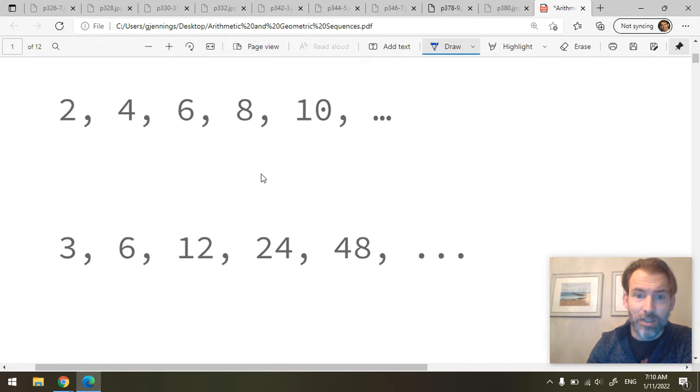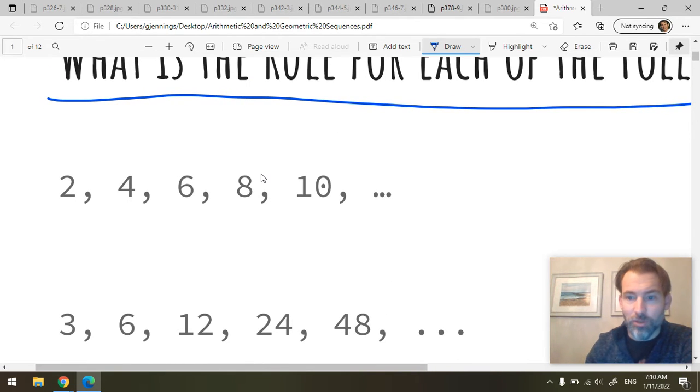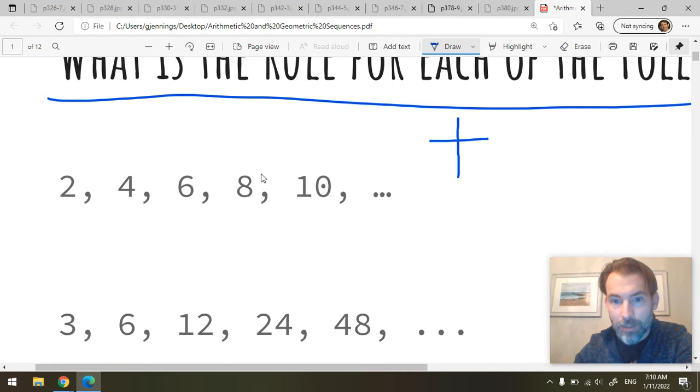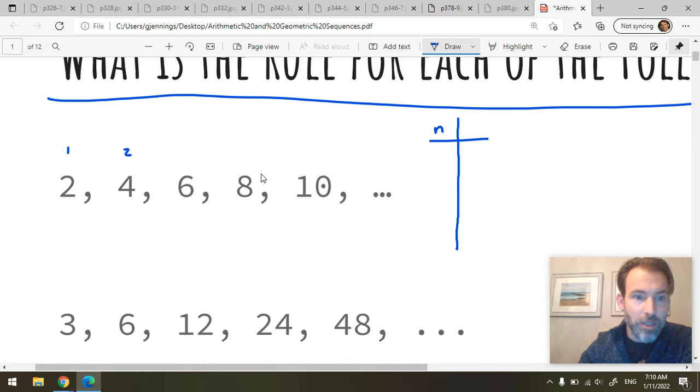You could say 2, 4, 6, 8, 10. Well, I'm just going to draw out a table, and put all these things in the table, and say this is the number of the terms. So this is like the first term, second term, third, fourth, and fifth. I'm going to write those out: 1, 2, 3, 4, 5.